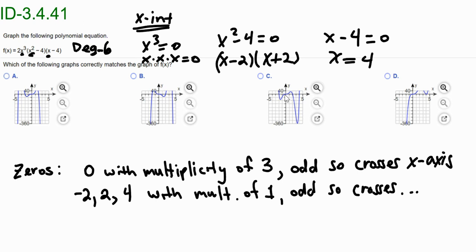If you notice, the graph is going through the x-axis at x equals -2. Okay, so that's check for this one. It's also going through the graph at, it looks like, 0.